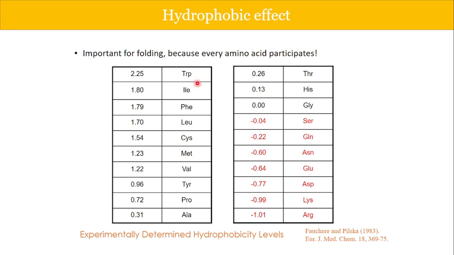And then we have your leucines, cysteines, methionines, valine, then your tyrosine. So then the hydrophobicity level decreases and we go to a negative value where these are more hydrophilic in nature than hydrophobic, and we see that arginine is the most hydrophilic residue and tryptophan is the most hydrophobic residue from the given data.